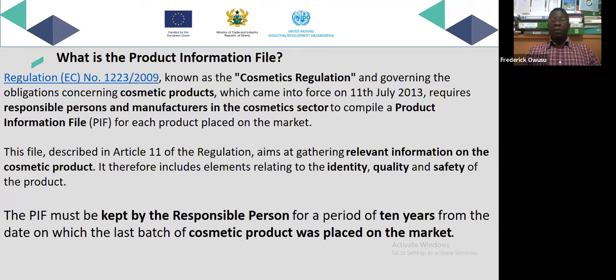So you cannot draft a PIF without explaining or identifying your product, and saying something about the quality. That's why we said so much about quality in the last webinar. And now we are going to talk about the safety of the product as well.